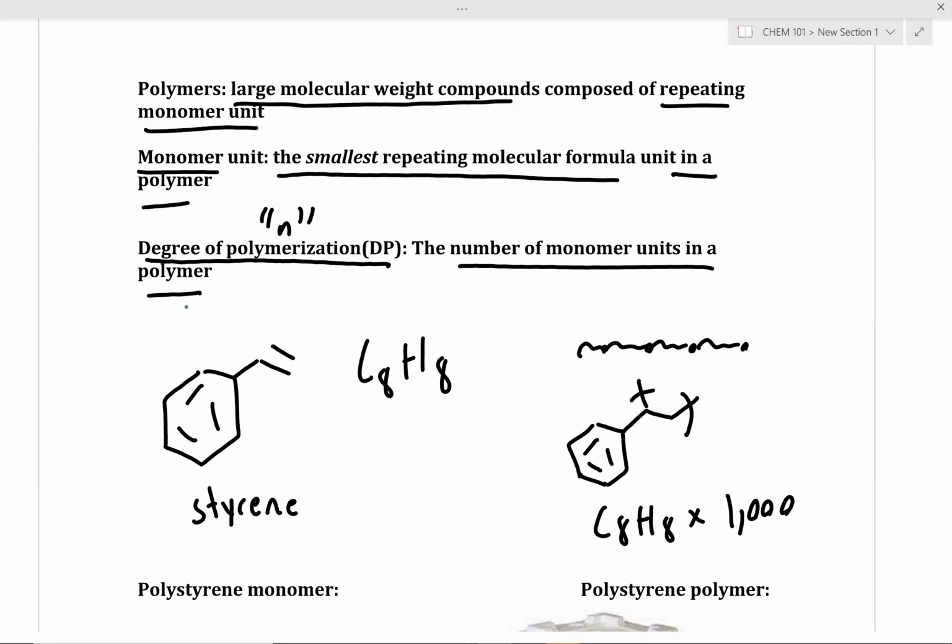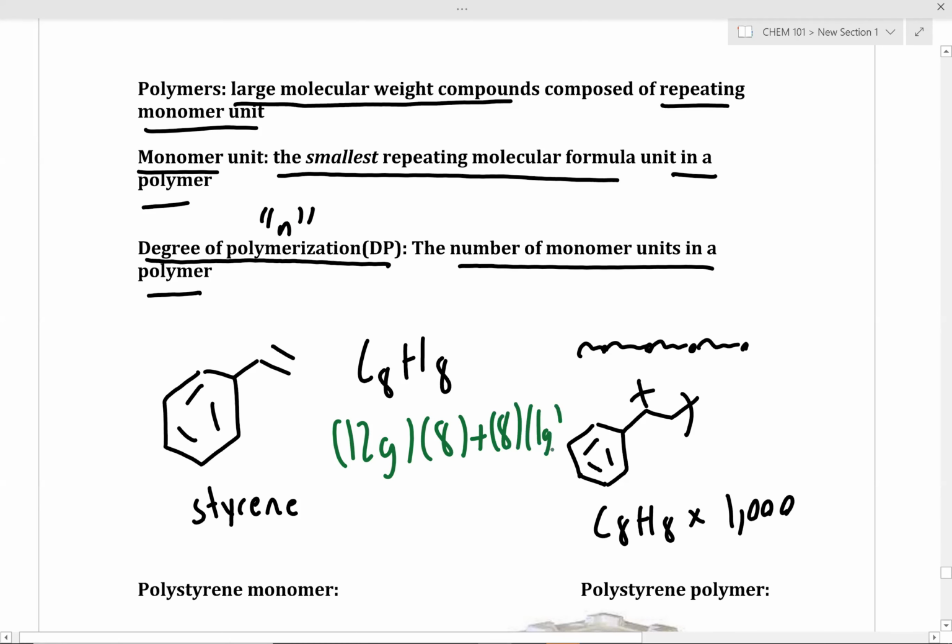We can, right? So what's the mass of carbon? 12. So we have 12 grams. And how many carbon atoms do we have? 8. Okay, we're then going to add 8 times the mass of hydrogen, which is 1 gram. And if we add that together, 12 times 8 plus 8, we get a mass of 104 gram per mole.